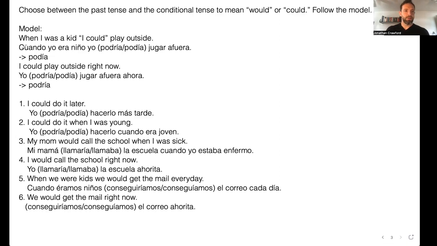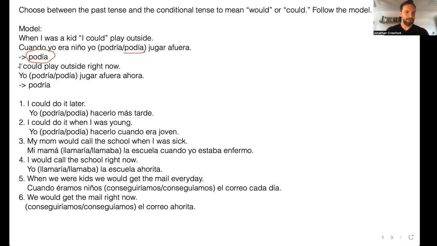So is it going to be cuando yo era niño, yo podría jugar afuera? Or is it going to be yo podía jugar afuera? And turns out it's going to be podía. And so for the answer, you just write podía. Cuando yo era niño, yo podía jugar afuera.